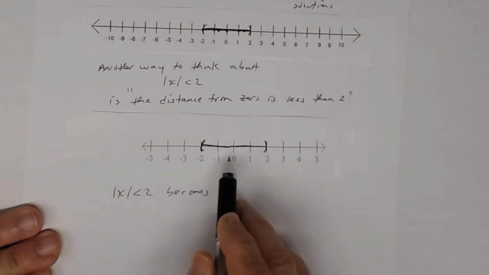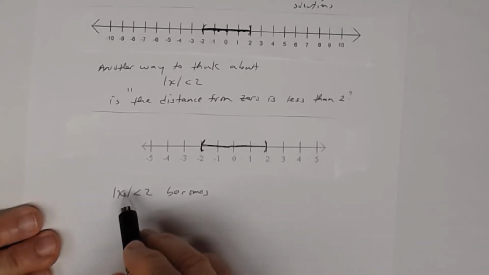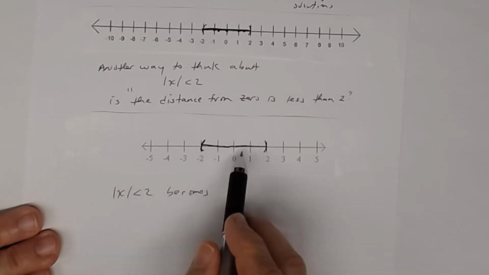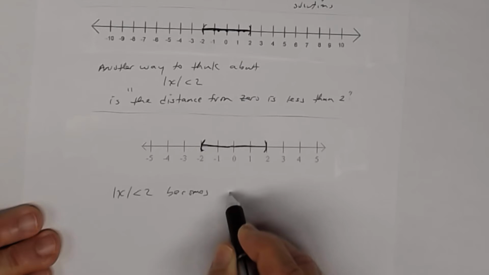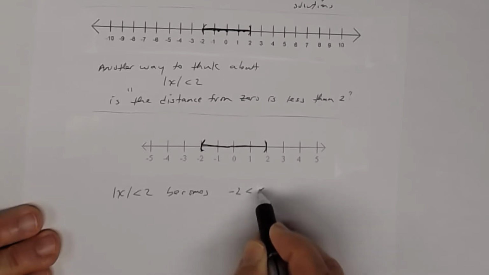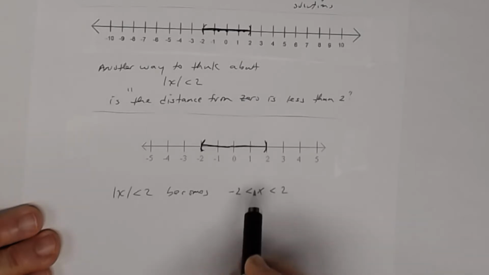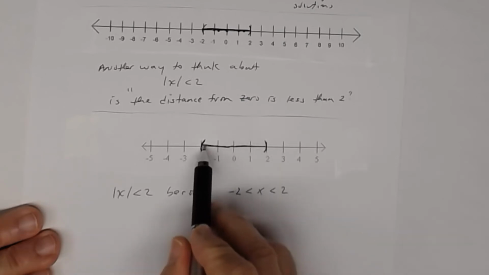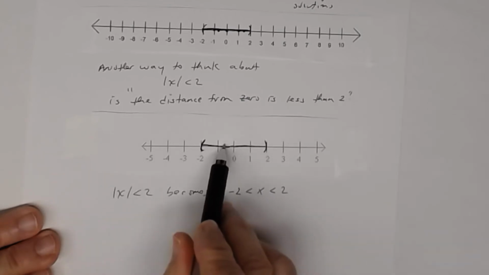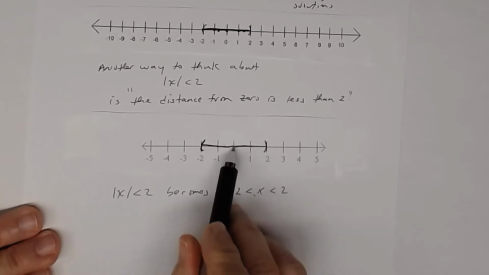Remember, all of the values of x must be between -2 and 2. So it looks like this: -2 is less than x is less than 2. So x must be less than 2, and at the same time, it must be greater than -2. So this and this mean the same thing.